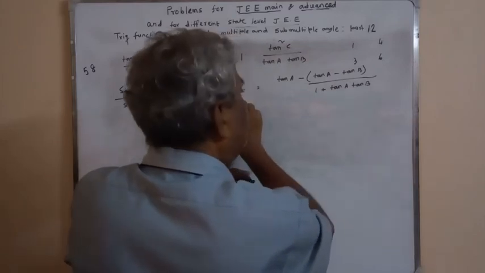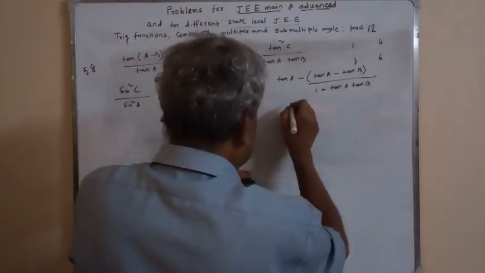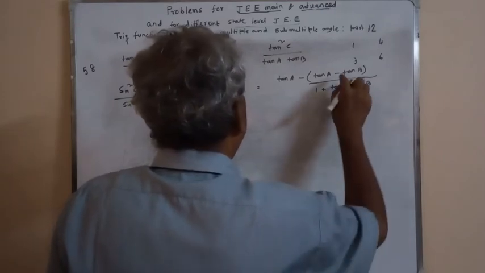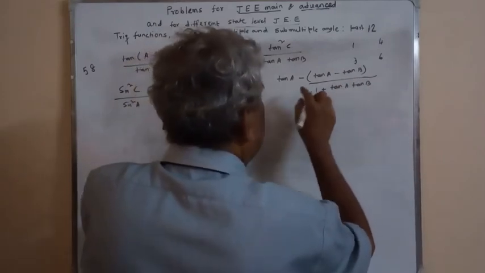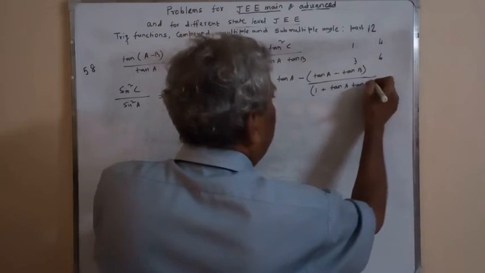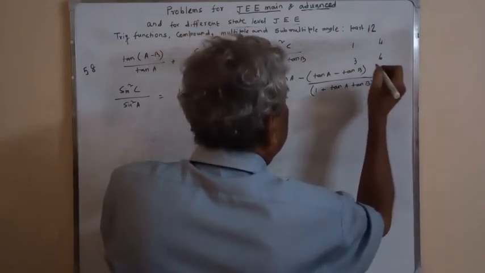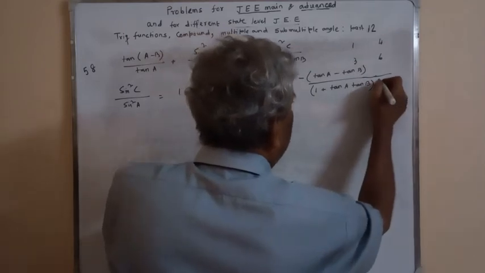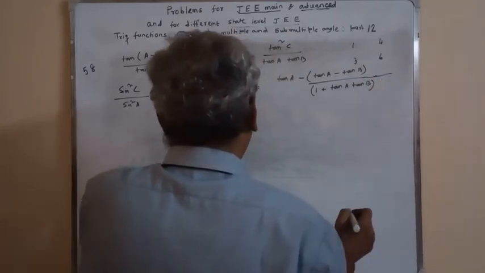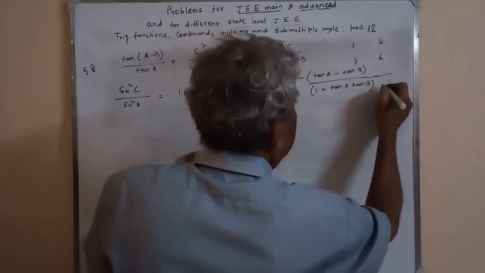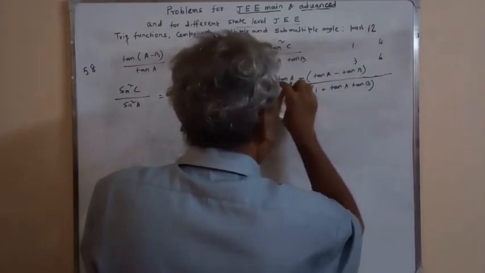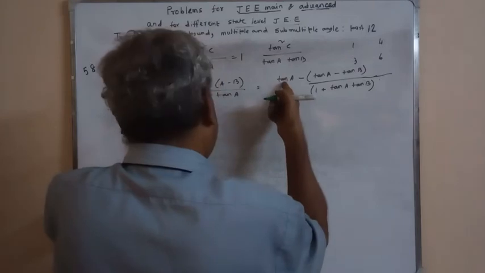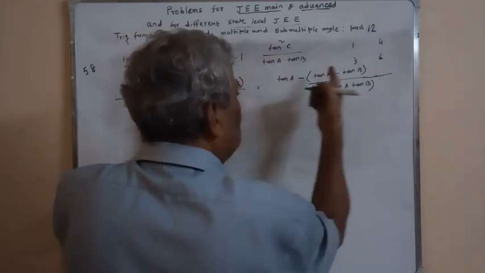And that tan A is there. So this is that by tan A, tan A, this 1, oh sorry, 1 into that tan A is there. And this is equal to this by that.